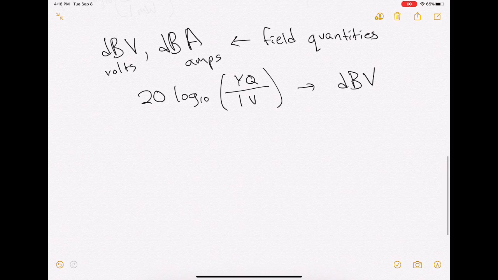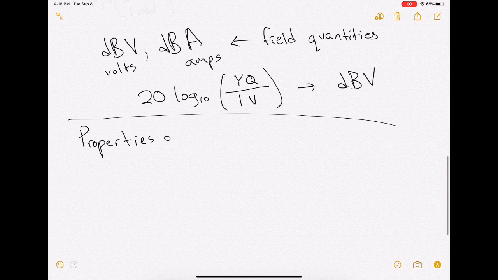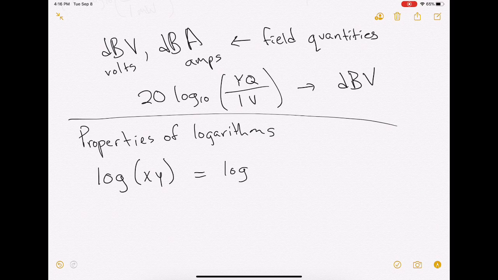dB are really useful because they have all the properties of logarithms. Meaning that log of x times y, for instance, is log of x plus log of y.